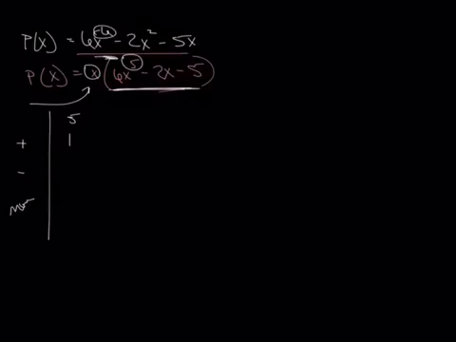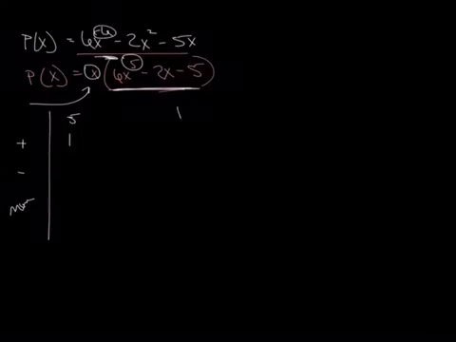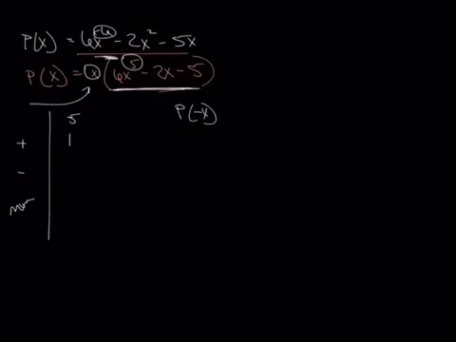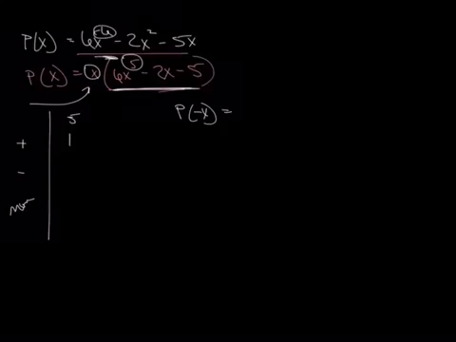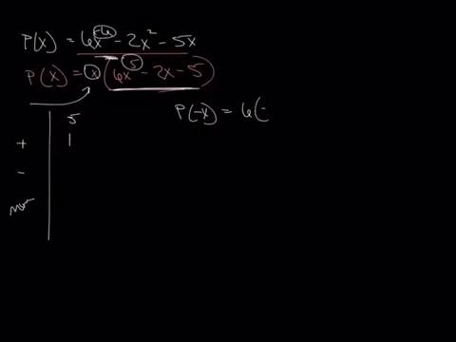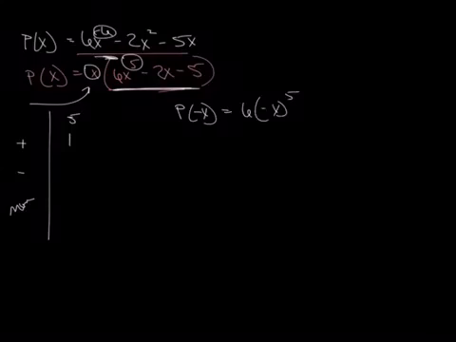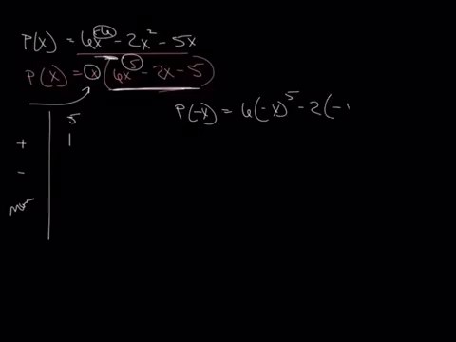Let's look at negatives. 6 times negative x to the 5th minus 2 times negative x minus 5 equals negative 6x to the 5th plus 2x minus 5. So we have two variations there.